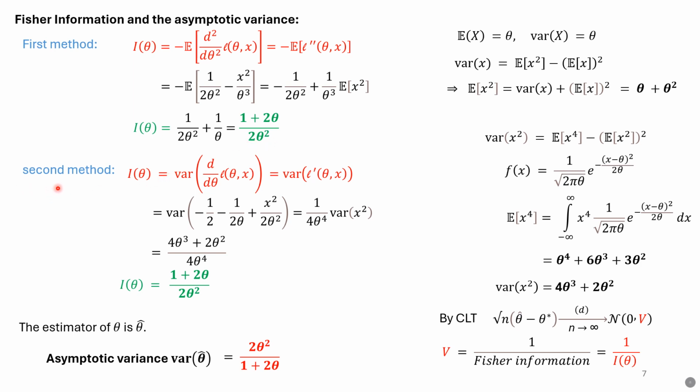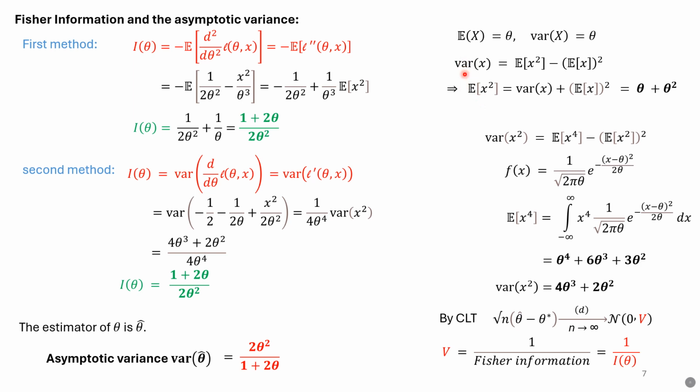Now the second method. So I have to use the other formula. It is the variance of the first derivative of the log likelihood. Now again we have computed this term, and these two terms do not contribute, but only this term. So it is 1 over 4 times theta to the power 4 and variance of x squared. Now I have to evaluate variance of x squared.